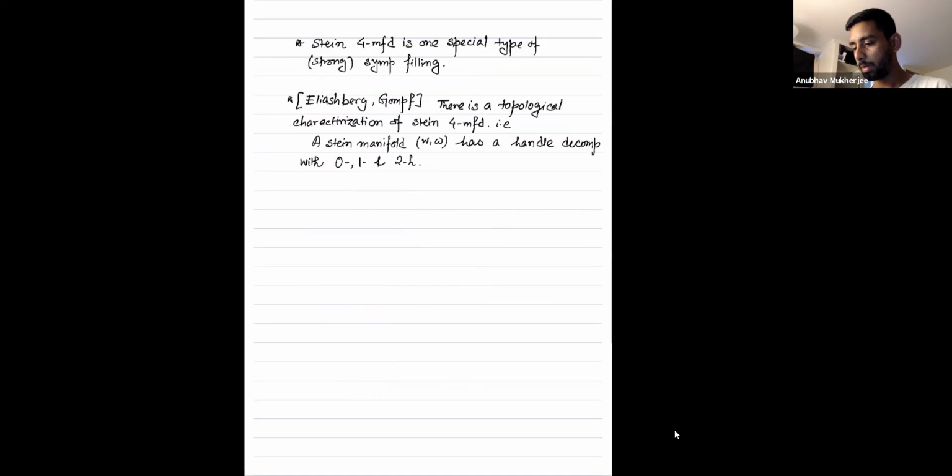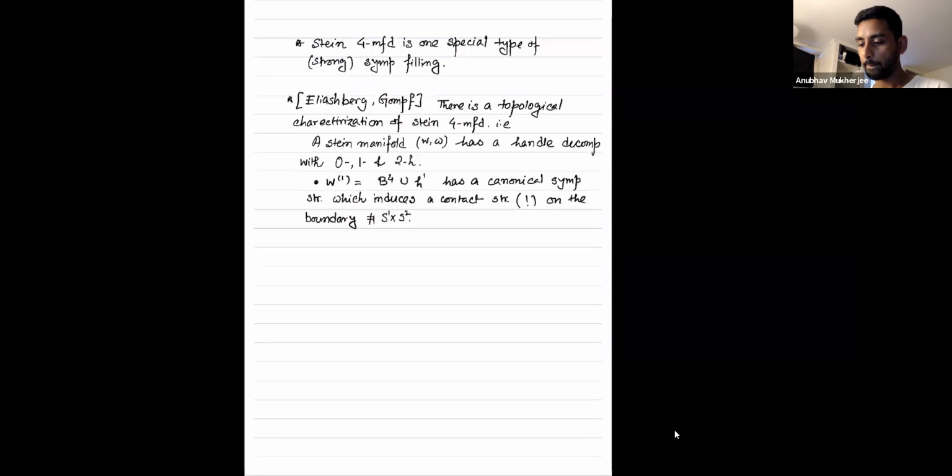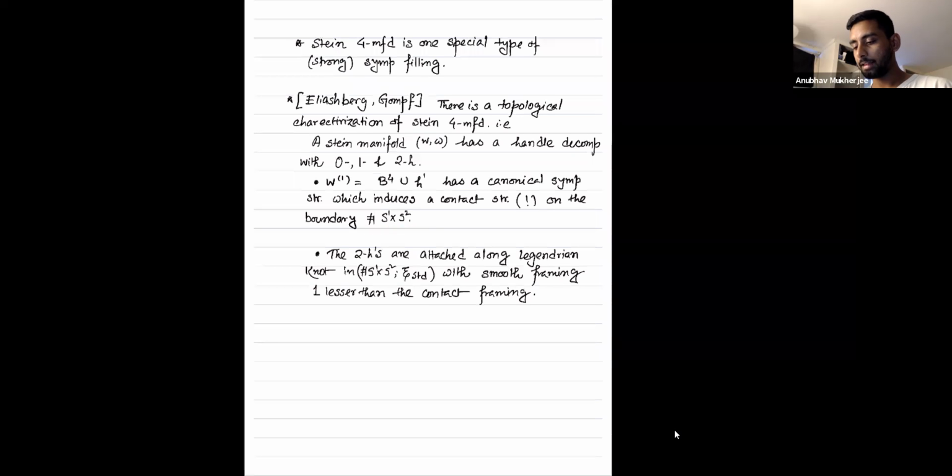If you have a Stein 4-manifold, then it has a handle decomposition with 0, 1, and 2 handles, where the 1-handles are attached along B^4, and there exists a canonical symplectic structure on the 1-handle, which induces a unique tight contact structure on the boundary S^1 × S^2. The 2-handles are attached along Legendrian knots in S^1 × S^2 with ξ standard, with smooth framing 1 less than the contact framing of those Legendrian knots. So this is a topological characterization of Stein 4-manifolds.